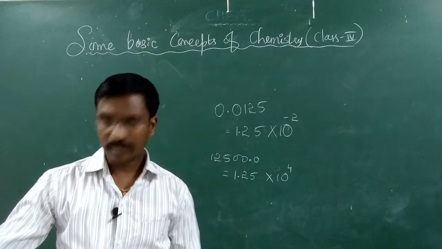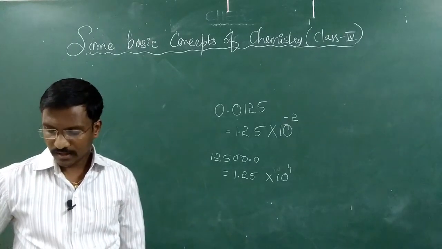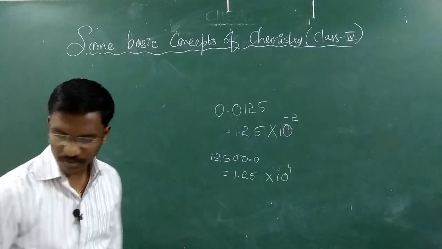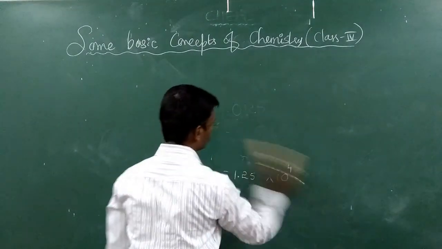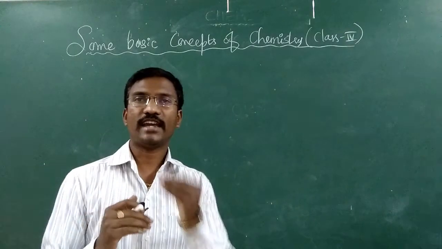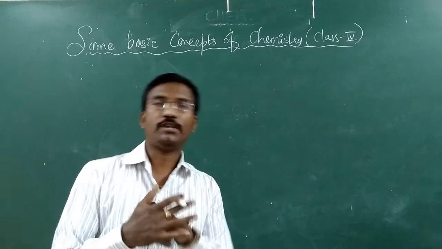Coming to the next one, here, whichever we have studied, multiplication and division, now we are doing addition and subtraction. These are a little bit confusing and different from multiplication and division.